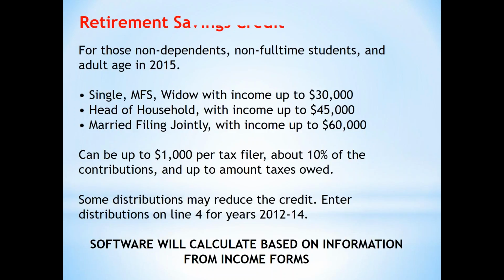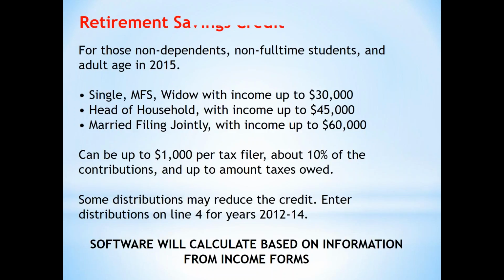The retirement savings credit is being generated off of the W-2 or the income information on the tax return. So as long as that information is input, the software will actually do all the calculating for you. You don't need to figure out what the credit is or how it's being generated. Just know that it's coming from the W-2 and from the income information. And know that the income range is going to vary a little bit depending on filing status.